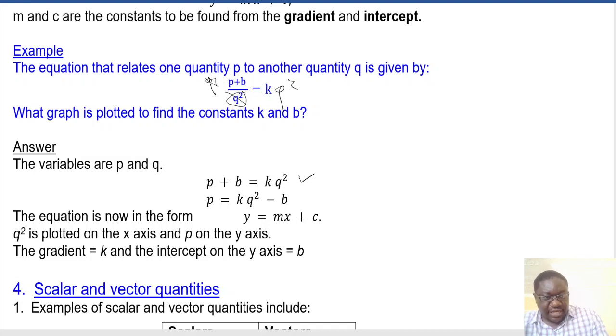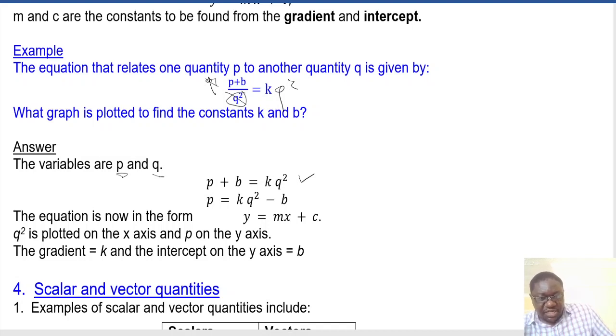Now you're told that the variables are p and q. So p is your dependent variable and q is your independent variable in that case. So you have to make p, the dependent variable, on one side, and then the independent variable and the constants on the other side.